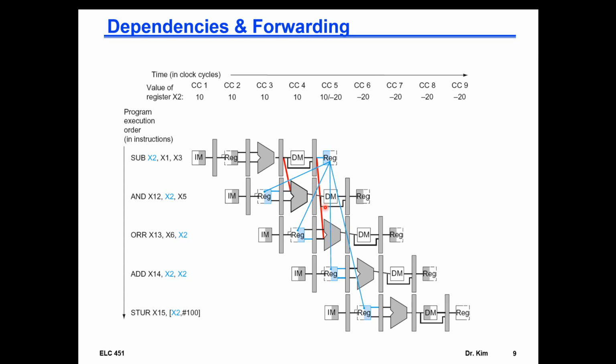At this point, we still have not gotten the right value into the register file for it. So we have to forward from the memory stage, as it goes through the write back stage, to the execution stage of this instruction. So that would be from 2 clock cycles before.